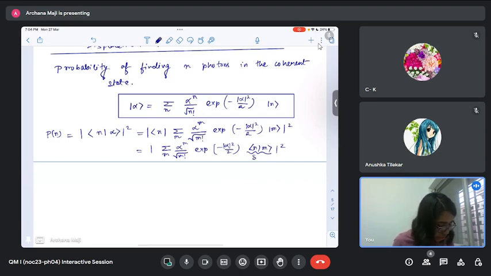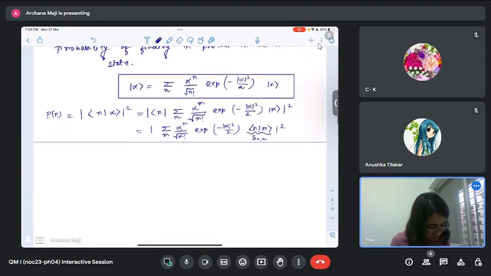These are basis states, orthonormalized. Now if I take the summation over m, then what do I get? N has to be equal to m for this to be non-vanishing. So m should be equal to n, then only this term is non-zero. So that's why we replace m by n and the summation is gone.